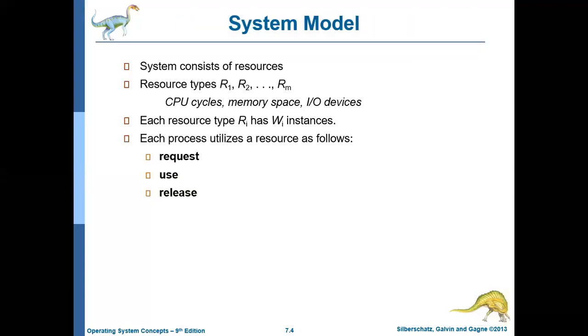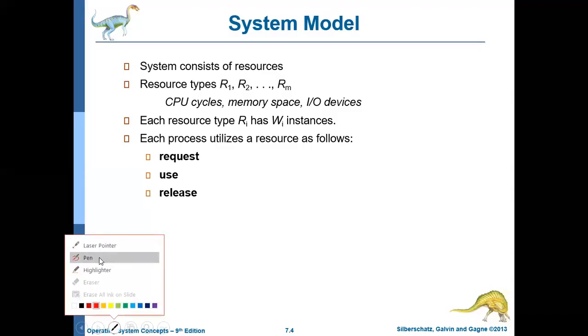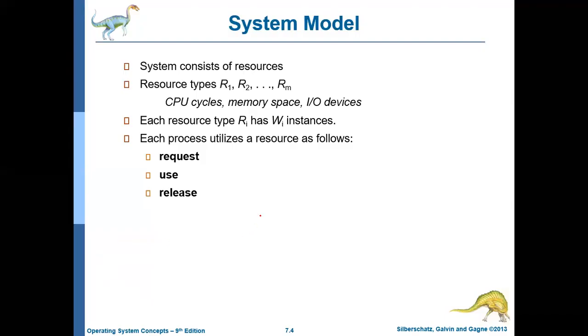Okay, now let us see why deadlock occurs and what is an example for a deadlock. Assume that in my computer there is one printer and one scanner. Okay, so there is a PC or a laptop which is connected with one printer and one scanner.